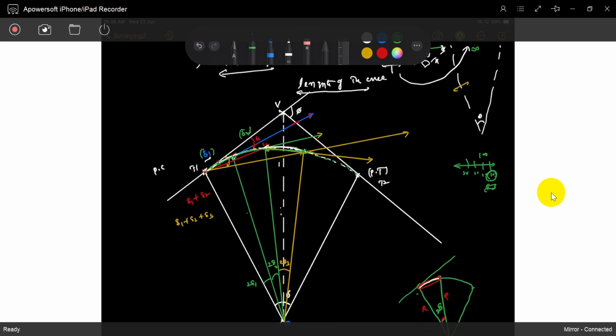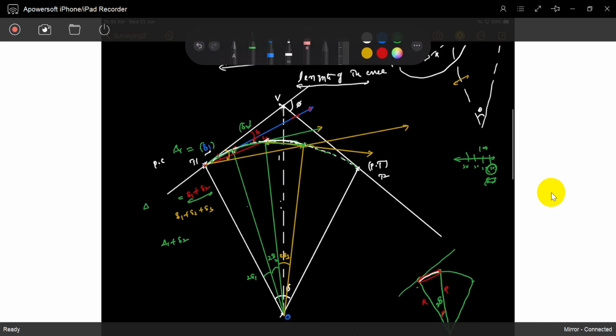The first one is delta 1. If it is a triangle, this is also delta 1. The second one is delta 1 plus delta 2. This is delta 2, the angle of deviation from the point of curvature.